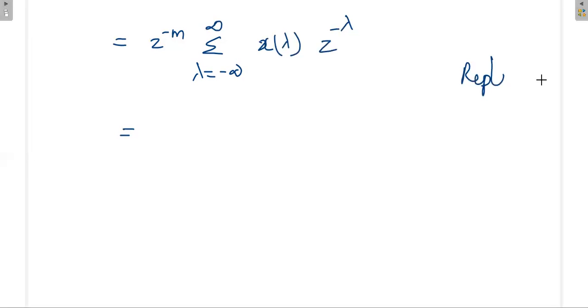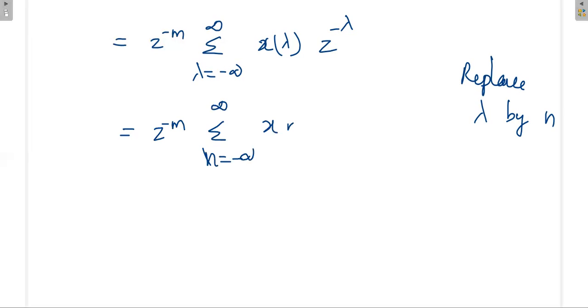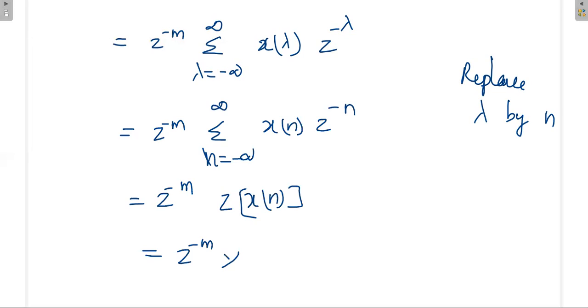Replace lambda by n, then z power minus m, n from minus infinity to plus infinity, x of n z power minus n. So this is z power minus m times the Z transform of the signal x of n. So that is z power minus m X of z.